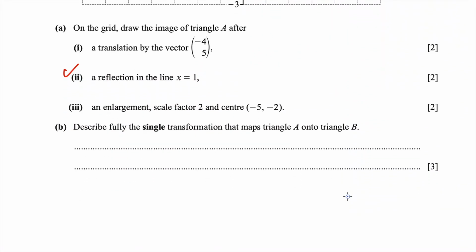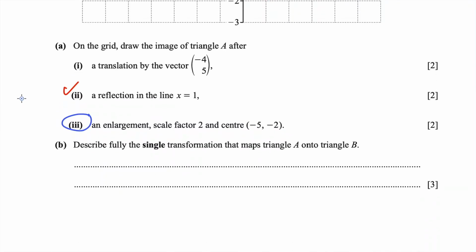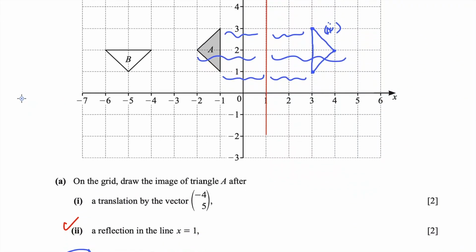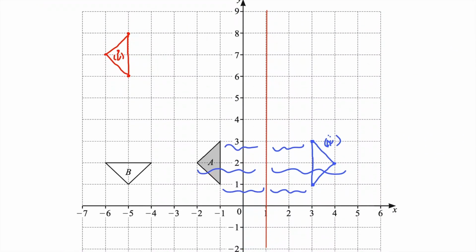Okay, so the third part, last part, an enlargement, scale factor 2 and center minus 5, minus 2. So this is enlargement, and the scale factor is 2 and the center is minus 5, minus 2. So first of all, let us clear everything out, and then we can start solving it.